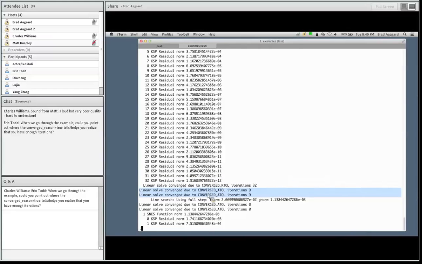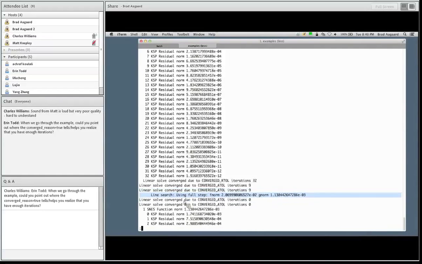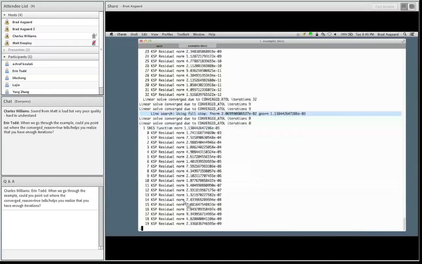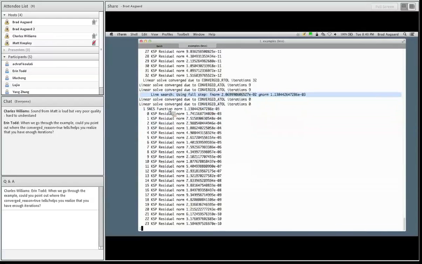Our friction solver converged due to absolute tolerance in 9 iterations. The line search tells us what it's doing for the nonlinear solver. We then go back to the friction solve and get its update.